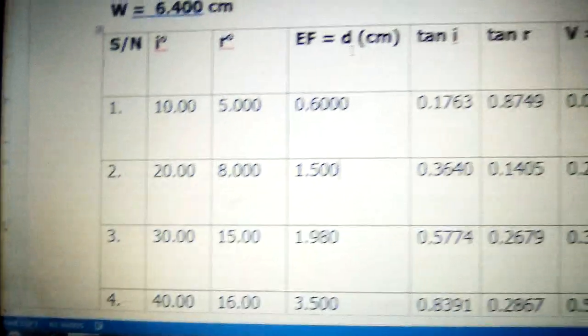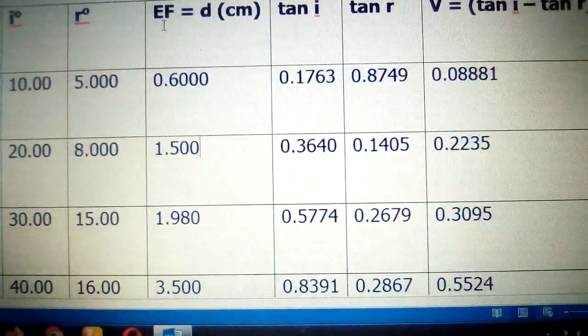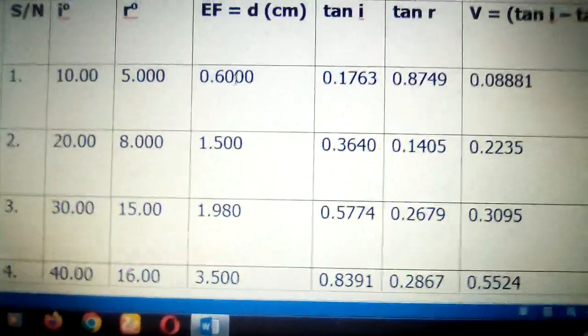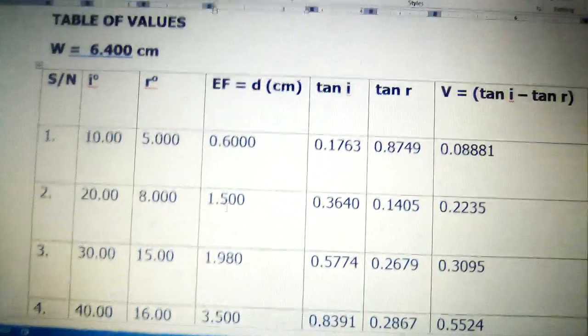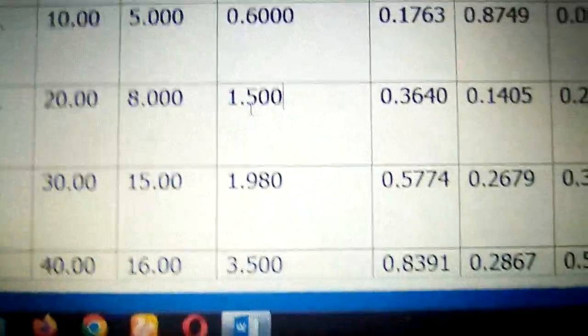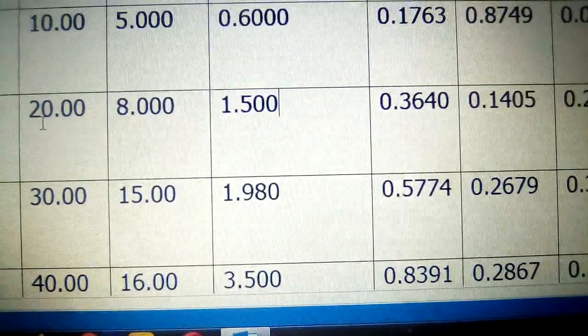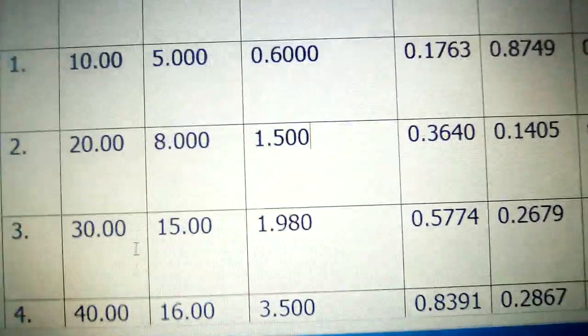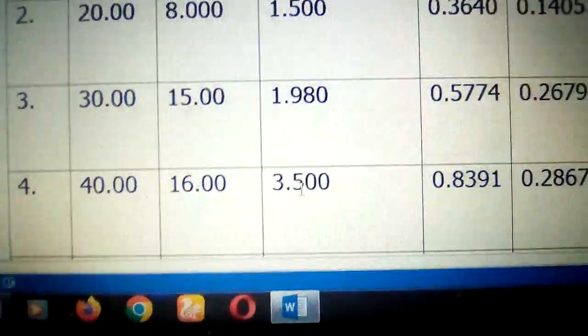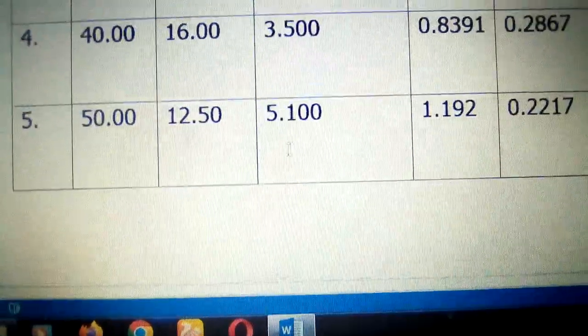The lateral displacement D, which is equivalent to EF, is 1.6 cm for 10 degrees, 1.5 cm for 20 degrees, 1.98 for 30 degrees, 3.5 for 40 degrees, and 5.1 for 50 degrees incidence.